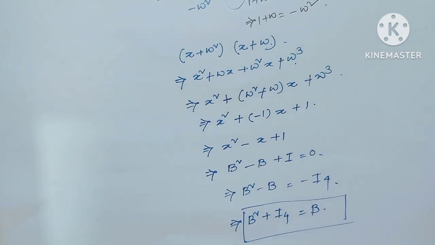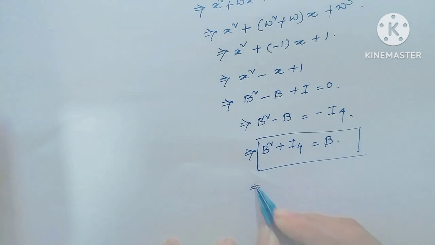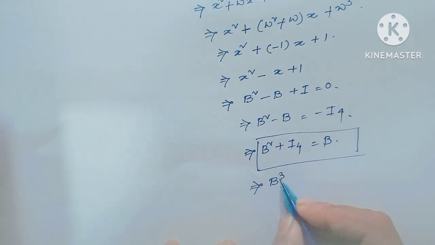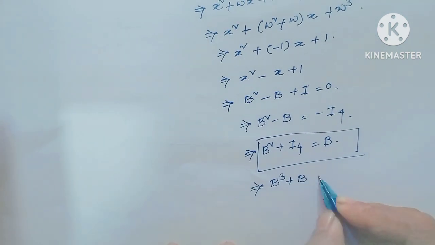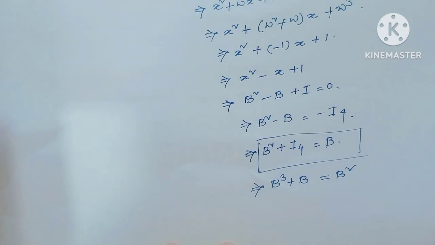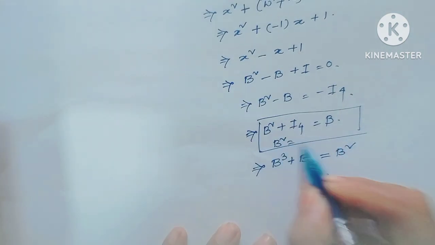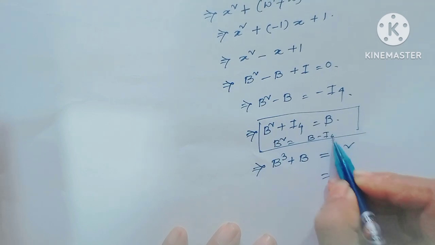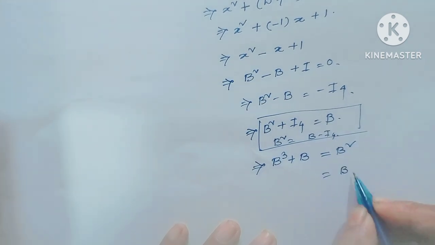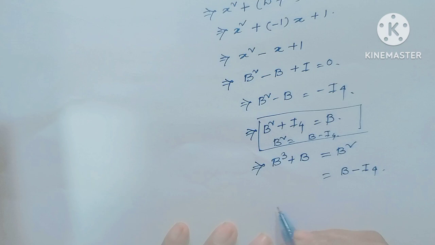Now we have to find B cube. For this, just multiply by B again. B cube plus B equals B square. Now put the value of B square, which is B minus I4.